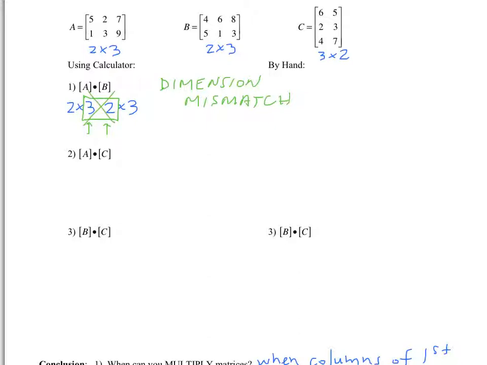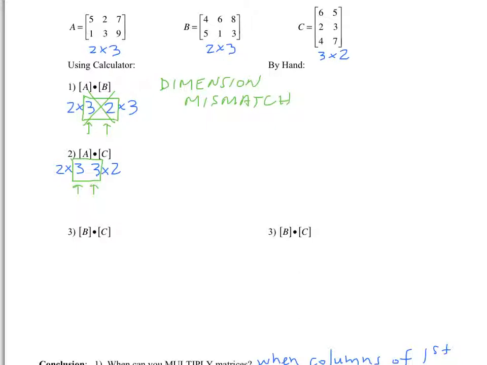Okay? So let's take a look at number 2, A times C. We always start by stating the dimensions. So we have a 2 by 3 and a 3 by 2. All right, I compare the columns of the first matrix to the rows of the second matrix. Since those match, we can go ahead and multiply.